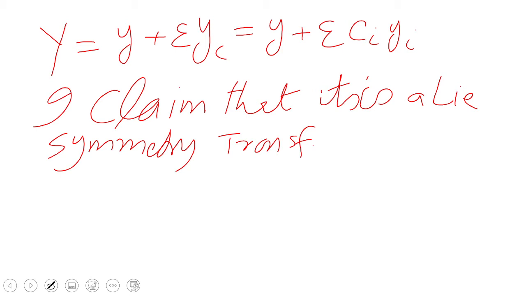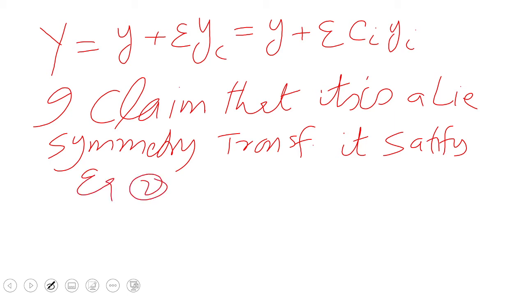If it is a Lie symmetry transformation, then it will satisfy equation 2.